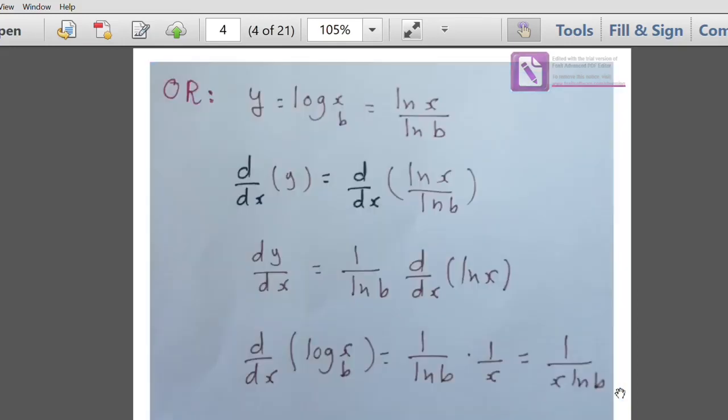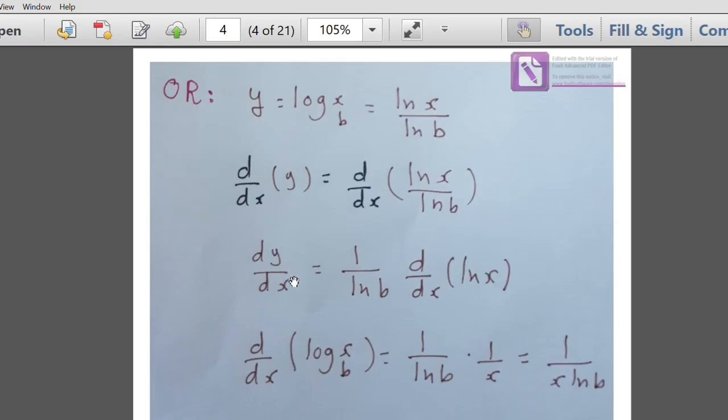Or we have another way to evaluate the derivative of y equals log x to the base b. You can write it as ln x over ln b. Now we differentiate both sides with respect to x. Here b is a constant, so ln b is just a number. We can take it out and just differentiate ln of x.